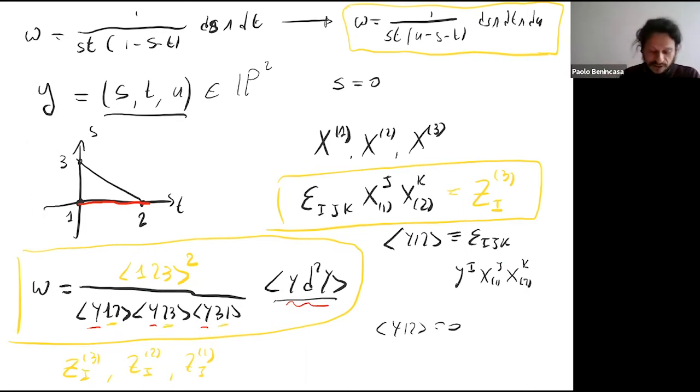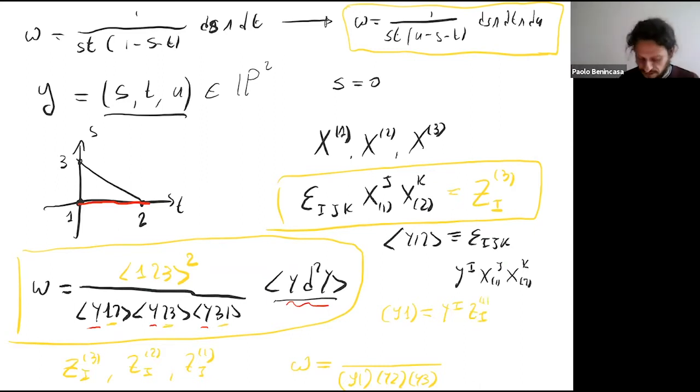So in terms of the Z, which are the vertices of the dual polytope, this differential form, which is associated to the original polytope, can be written as y1, y2, y3, where these round brackets mean just the simple contraction between y and z.